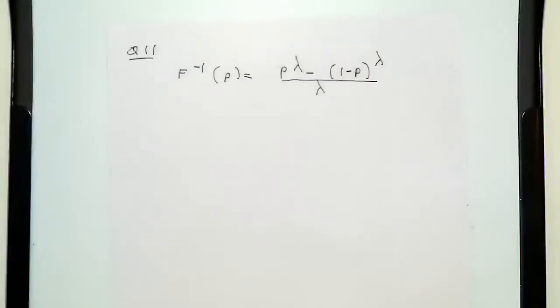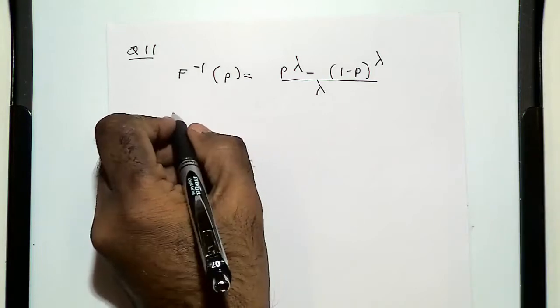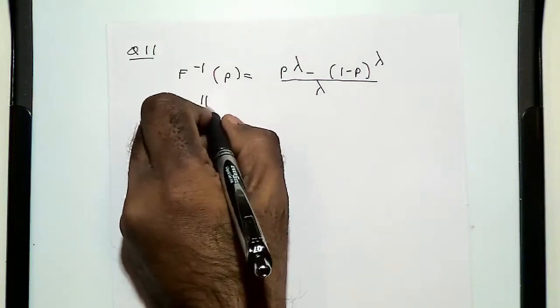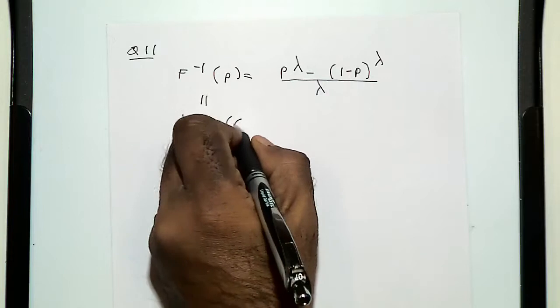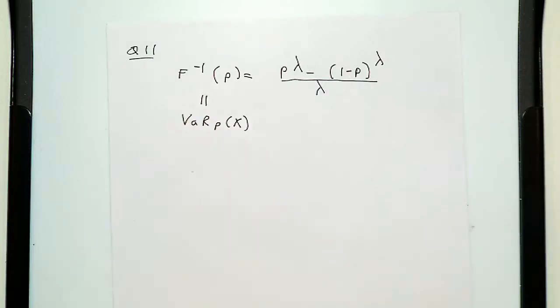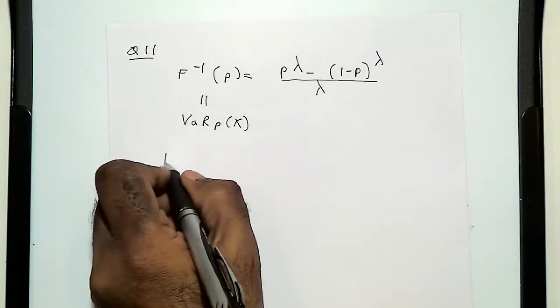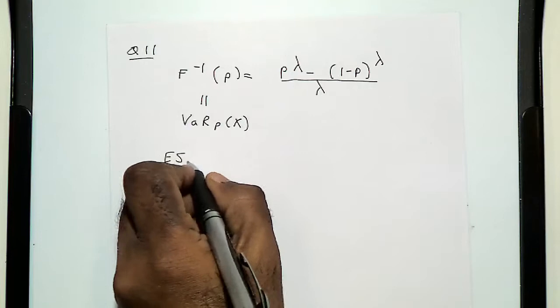So basically, what you're told is you're already given the VaR. Remember, the quantile function is equal to the VaR, if X is a continuous variable. So all you need to find is the expected shortfall.